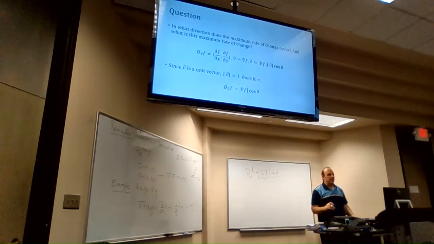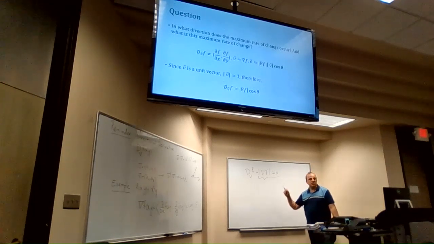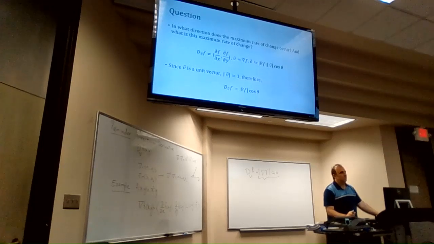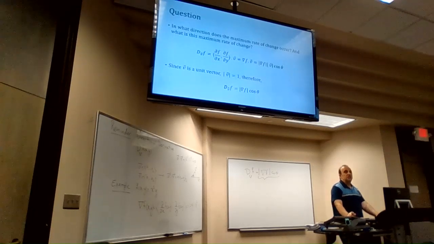So the maximum happens when theta is 0. What does that mean? It means that they show the same direction. So when v is in the direction of the gradient, we have the maximum rate of change.